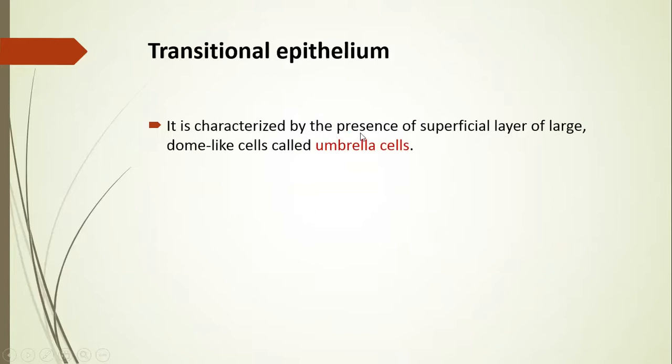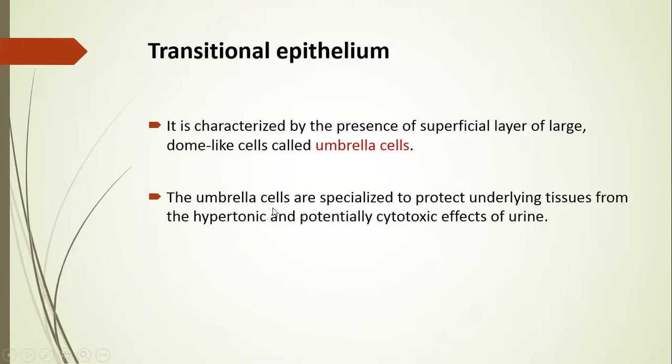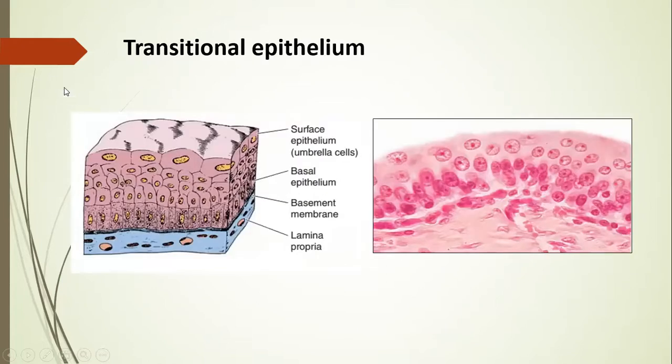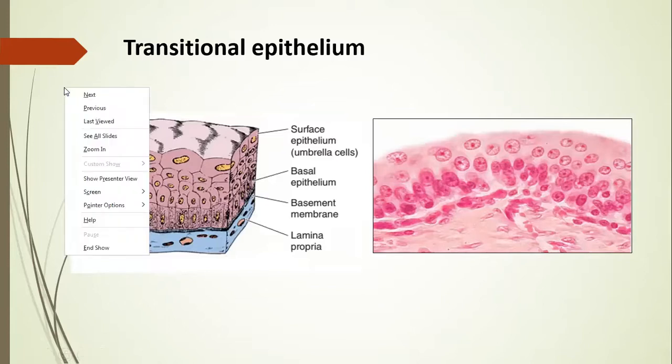It is characterized by a superficial layer of large dome-like cells called umbrella cells. These umbrella cells are specialized to protect the underlying tissues from the hypertonic and potentially cytotoxic effects of urine. And it is found in the urinary tract: the renal calyces, ureters, and the urinary bladder.